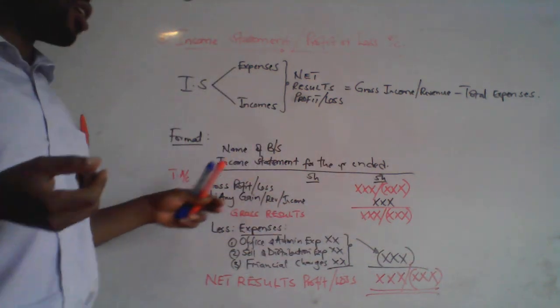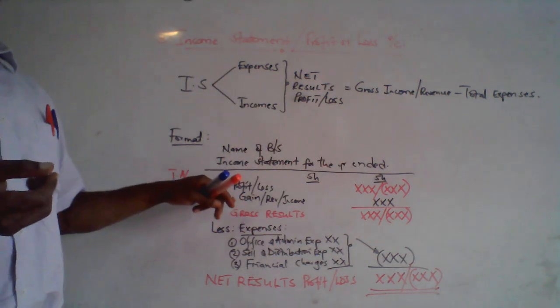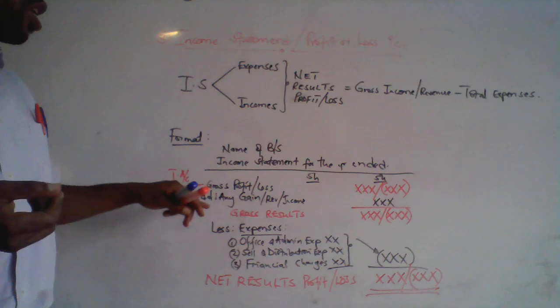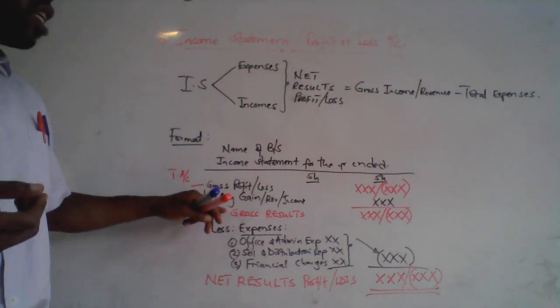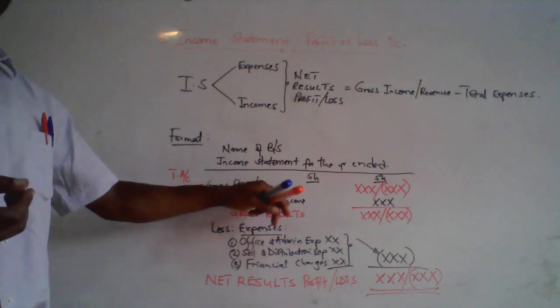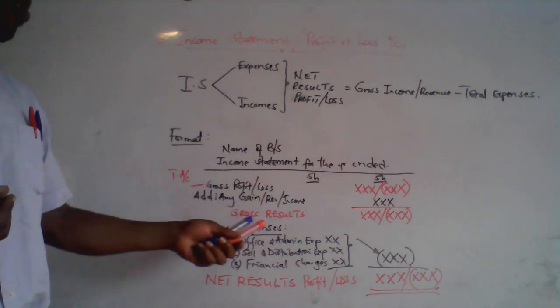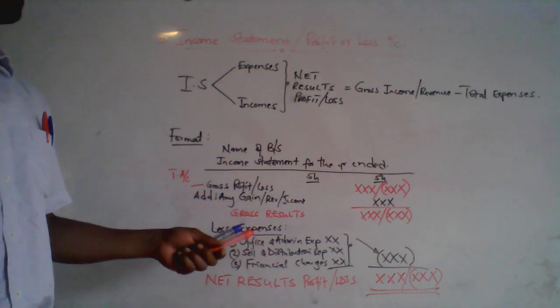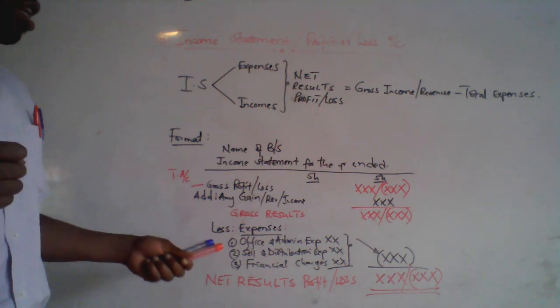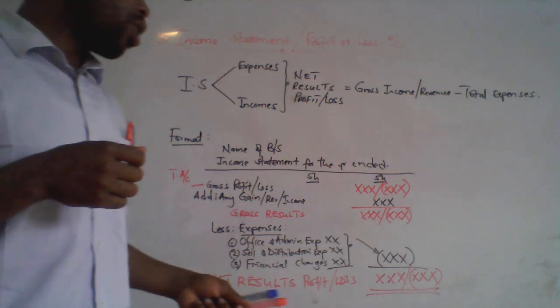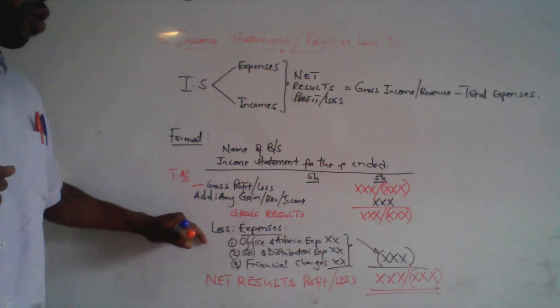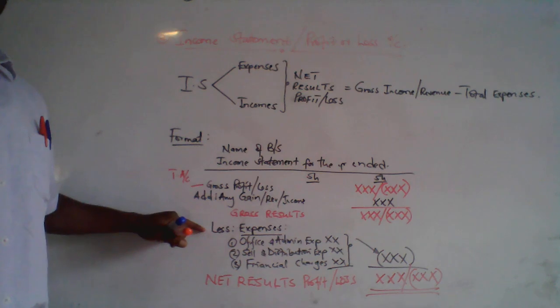After working the sales and the purchases, you can post your gross results here. Then you add any gain, that is any revenue or income, and you arrive at another gross income or gross loss. That is where you are going to subtract all your expenses.